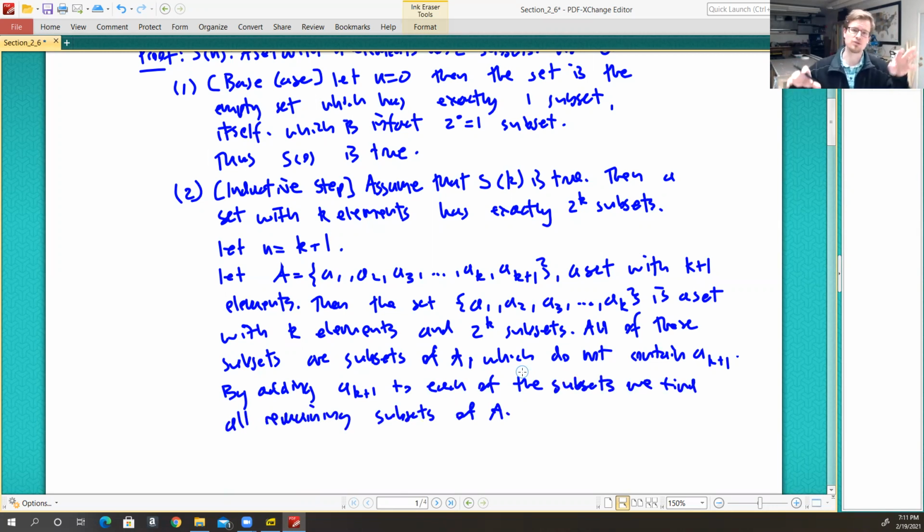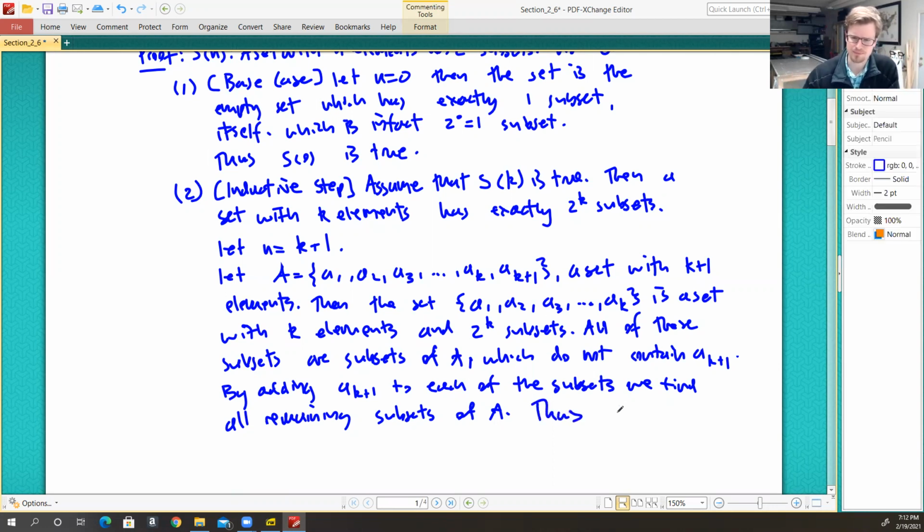Fits into one of these two categories. So we have all of the ones that don't contain a sub k plus 1. Now everything else must contain a sub k plus 1. So all we have to do to find those is add a sub k plus 1 to all the ones over here.